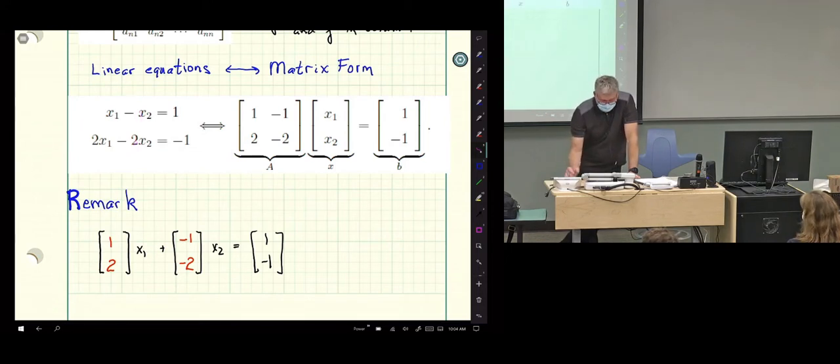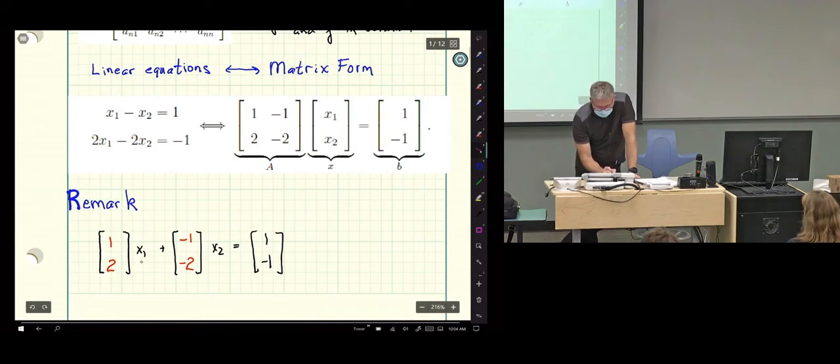Okay, so that's another way to think about the equation as the column vector 1, 2 times the unknown x1 plus the column vector -1, -2 times the unknown x2 equals our constants. Okay, so that's a pretty consistent way of thinking about it.